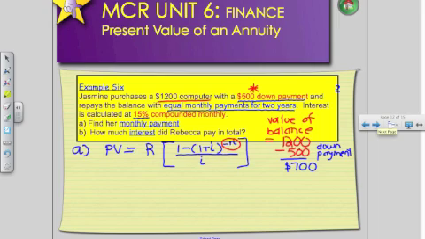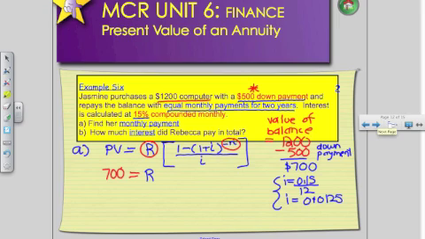So the $700 is what I'm going to substitute into the present value of my loan. And what we have to solve for is the R. I can figure out everything else that I need to substitute in the formula. My i is going to be equal to 15% divided by 12, so my i is going to be 0.0125.